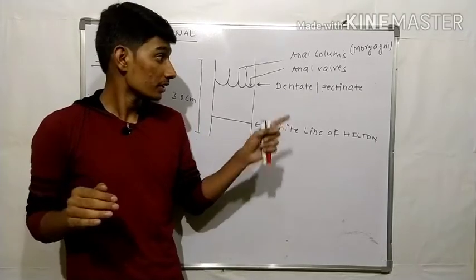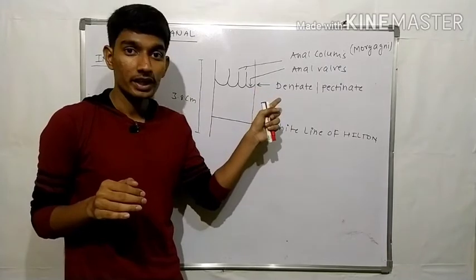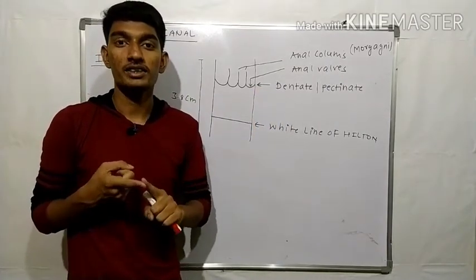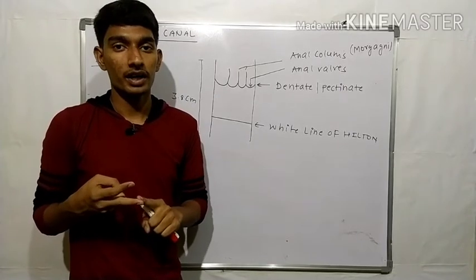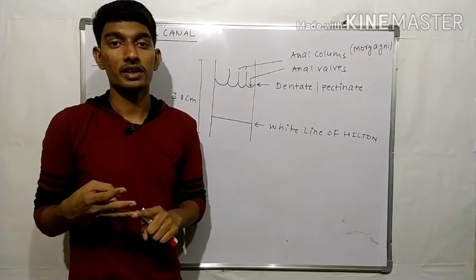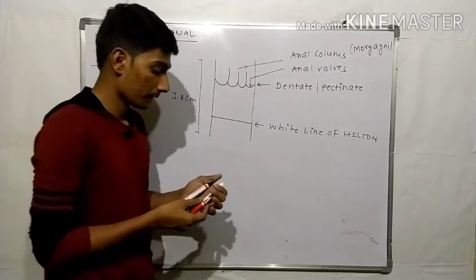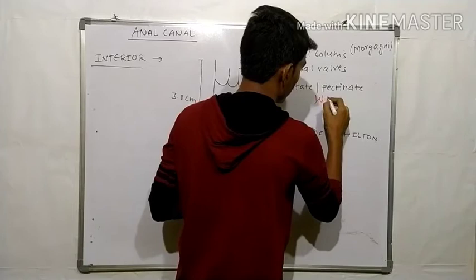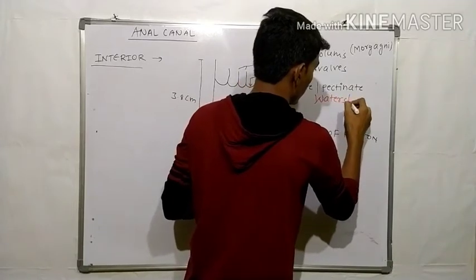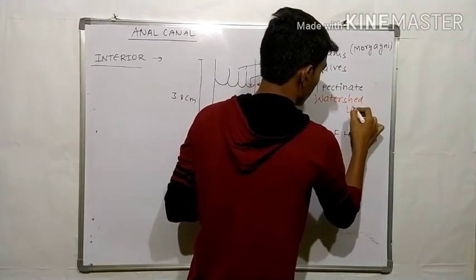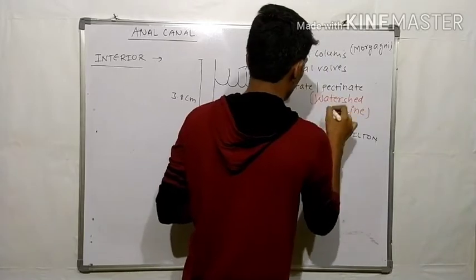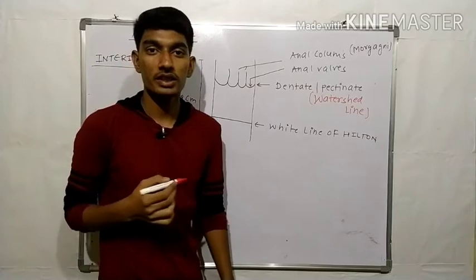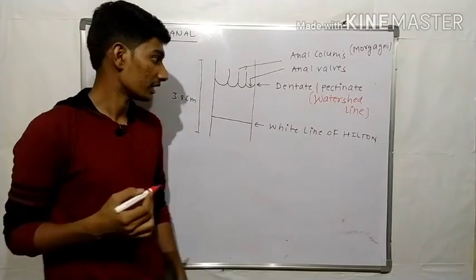Watershed line means the part above the pectinate line and below the pectinate line has different arterial supply, different nerve supply, and different lymphatic drainage. Okay, so this dentate line or pectinate line is a watershed line. That means the upper part and lower part has different arterial supply, venous drainage, and lymphatic drainage.